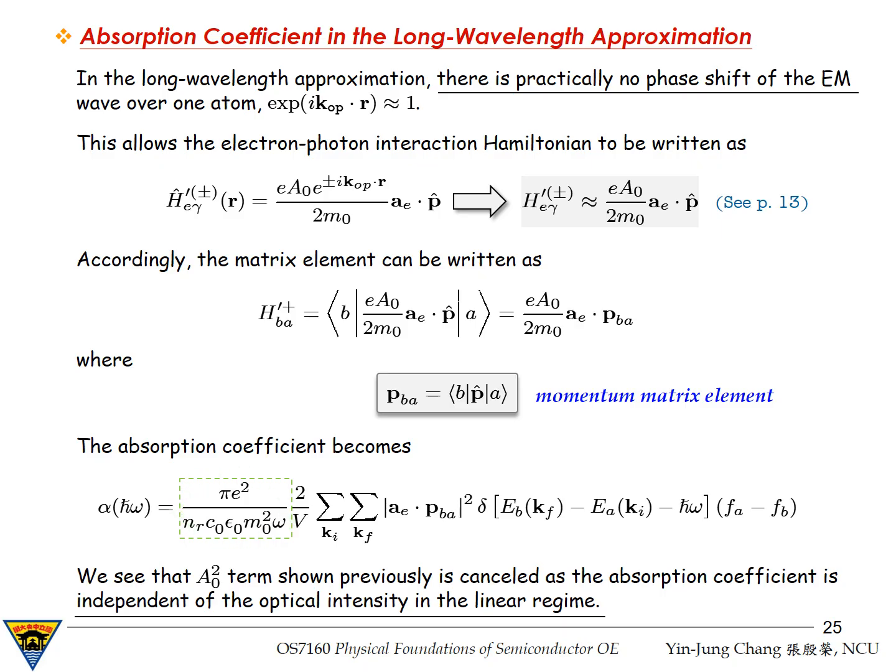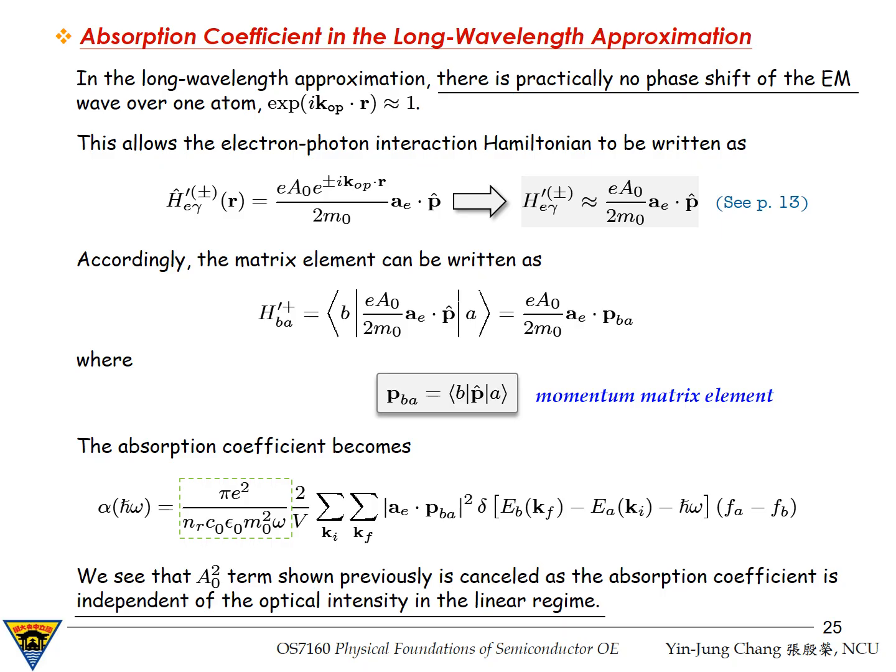Second, the momentum matrix element, P sub BA, which measures how strongly the optical field couples the two electronic states. Third, the delta function, which enforces energy conservation and effectively selects the density of final states. Fourth, the occupation factor, FA minus FB, which determines whether absorption or stimulated emission dominates.